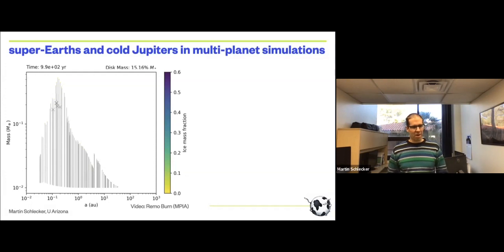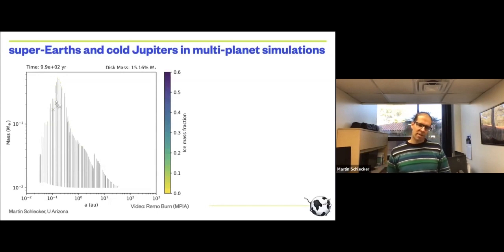I would like to show you just one simulated system that is representative of a rather interesting phenomenon that we have seen in our simulations, where we try to do the same, count super Earths and cold Jupiters.